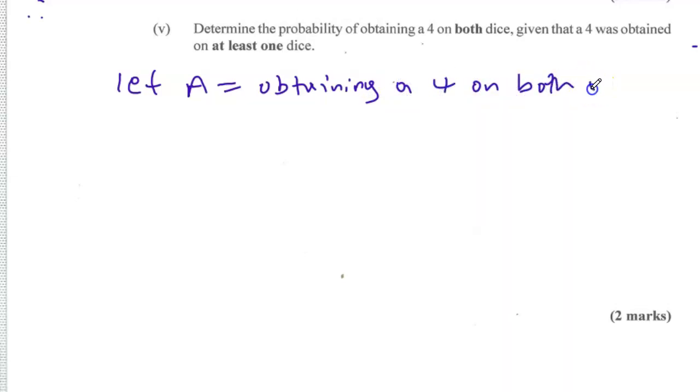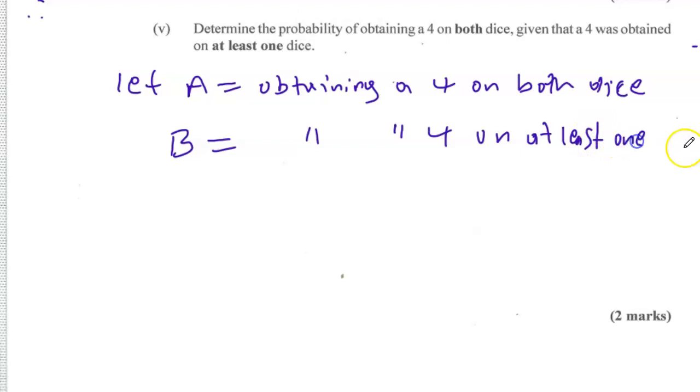I'm going to let A be equal to obtaining a 4 on both dice, and I'm going to let B equal obtaining a 4 on at least one dice.